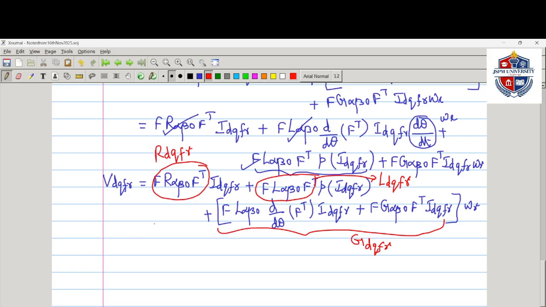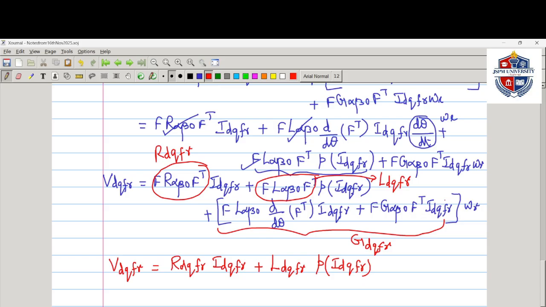So now I am going to write the final equation as V dq fr equals R dq fr into I dq fr plus L dq fr into P of I dq fr.